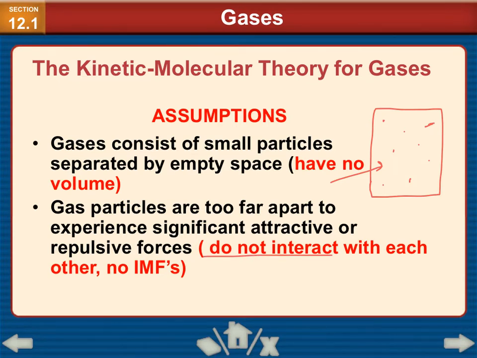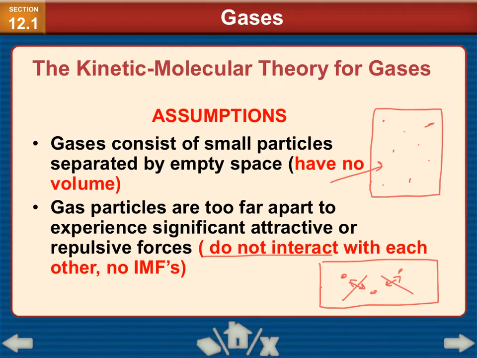The KMT theory, as it's called, also assumes that these gas particles are so far apart and moving so fast that they do not interact with each other. In other words, there's no IMFs. And recall, IMFs from a previous unit include things like dispersion forces, hydrogen bonding, and dipole-dipole forces.